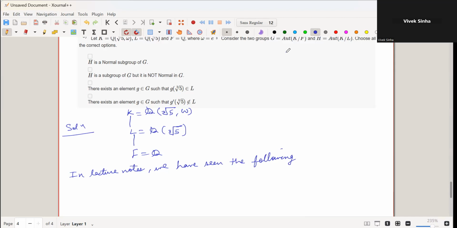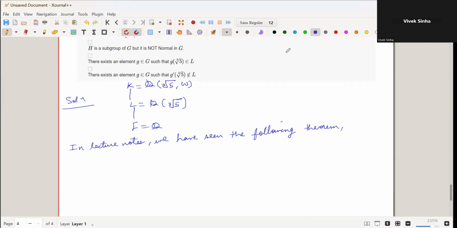The degree is 6, fine, but we are not concerned about the degree. We are here concerned about the normality of the group.